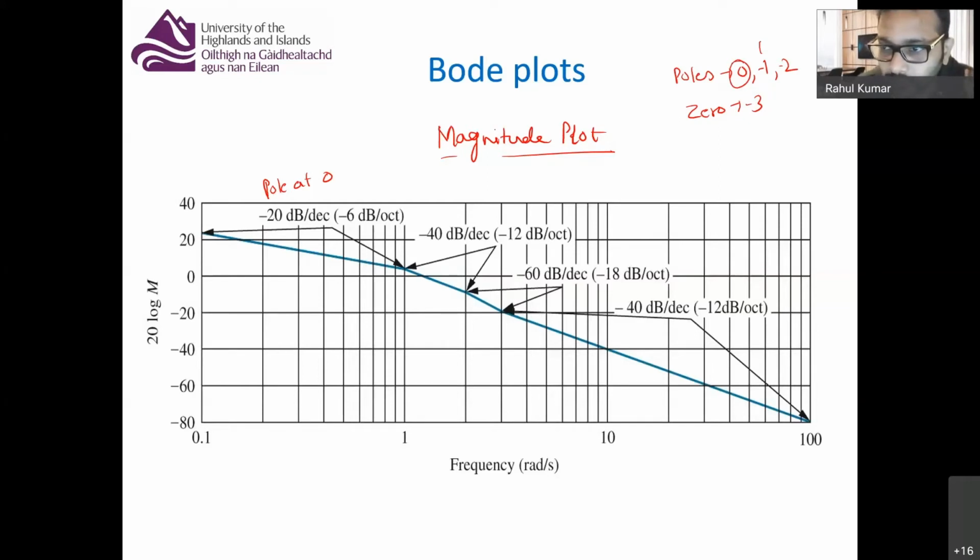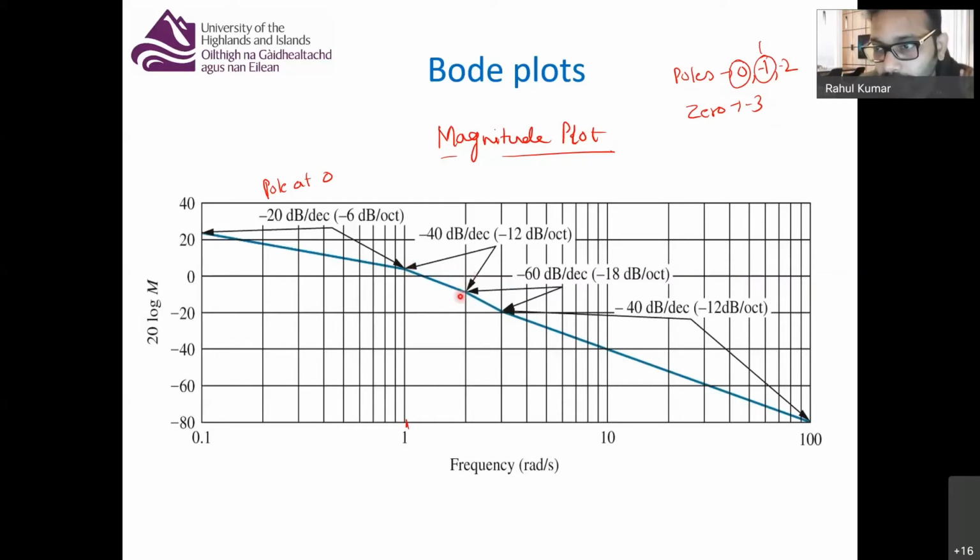The next pole is at minus 1, or 1 radian, the corresponding break frequency. So at 1 radian per second, your slope will further reduce by minus 20 dB, that is, altogether it will be minus 40 dB, right? So your slope has changed.